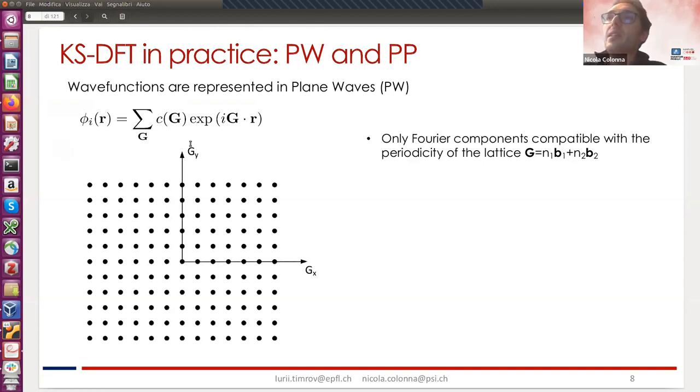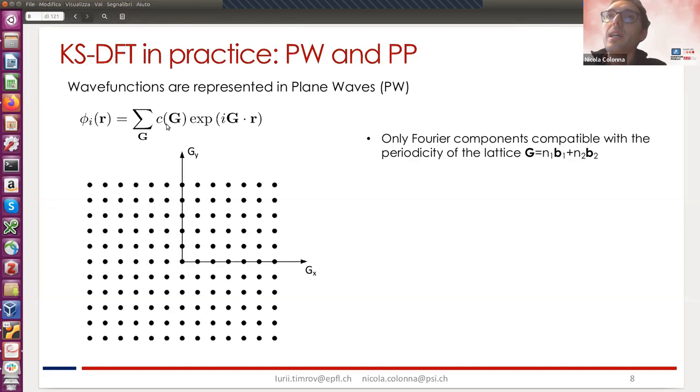This means that you don't have all the possible plane waves, but you only retain the Fourier components that are compatible with the periodicity of the lattice. This can be a supercell where you put inside your finite system, or really the primitive cell in a perfectly periodic crystal. Here I sketch an example for 2D, and this is what we call a G vector.